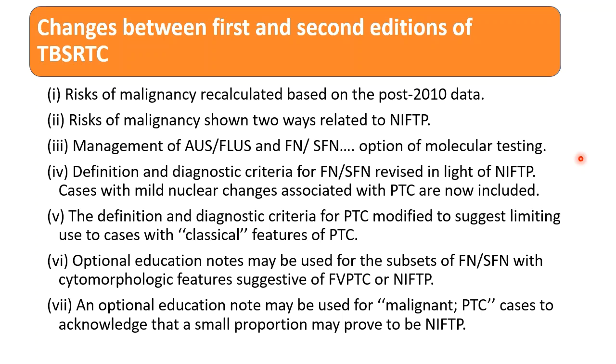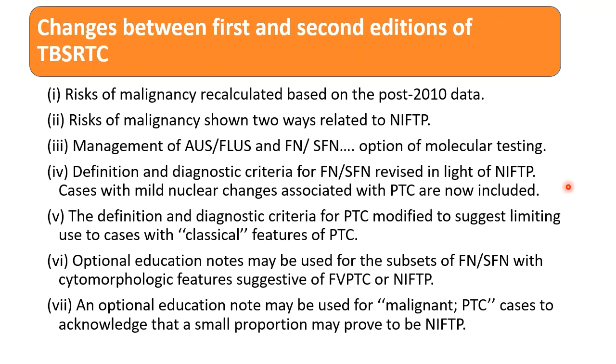The option of molecular testing was introduced for the management of AUS or FLUS and follicular neoplasms or suspicious for follicular neoplasms. Definition and diagnostic criteria for FN or SFN were revised in the light of NIFTP.